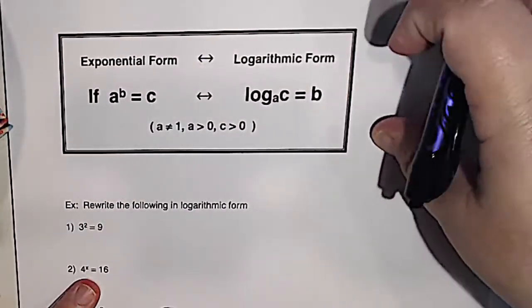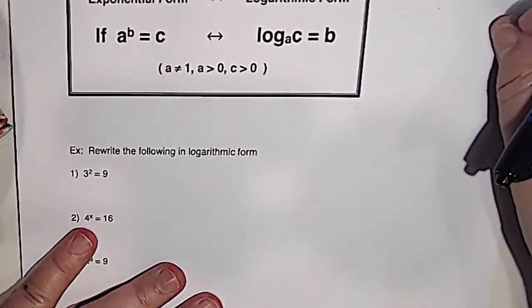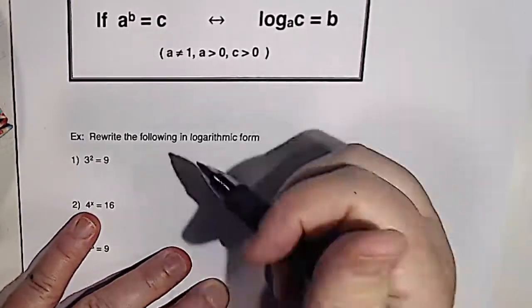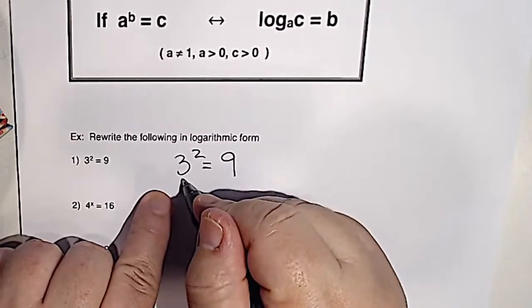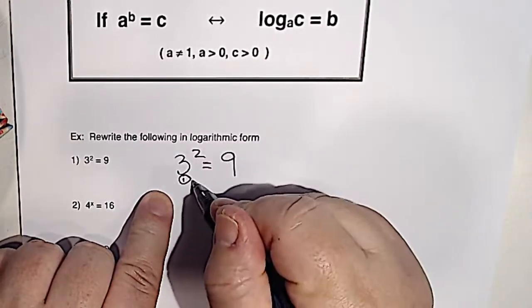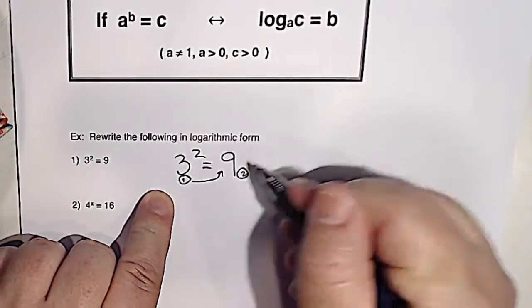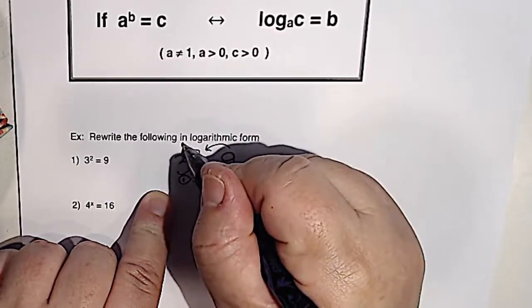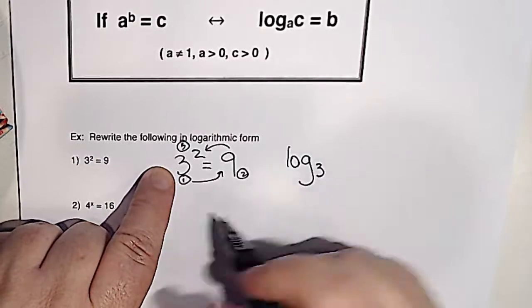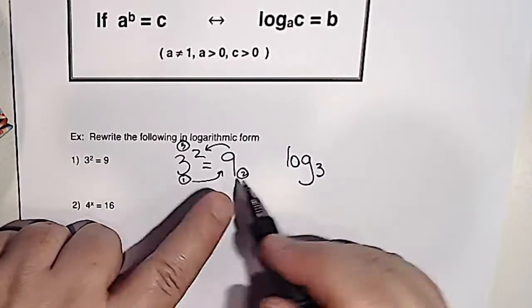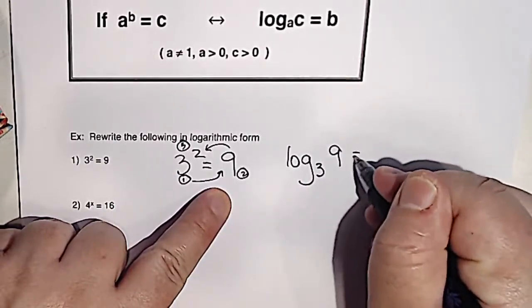Okay, shall we practice? Now, this requires learning a pattern. If I have 3 squared equals 9, you start here, and then you move across, and then you move back. So you go log base 3, you start on the left, of 9 equals 2.